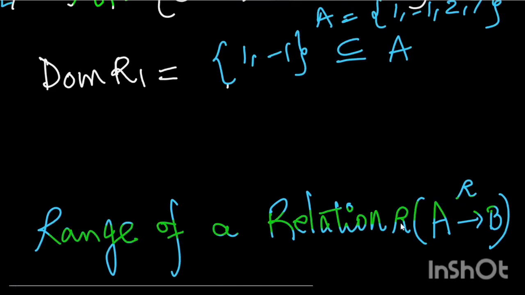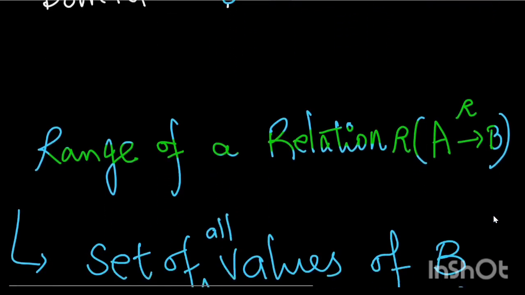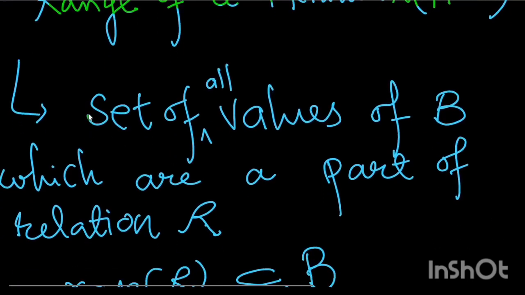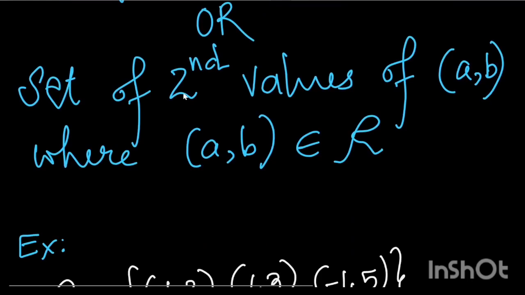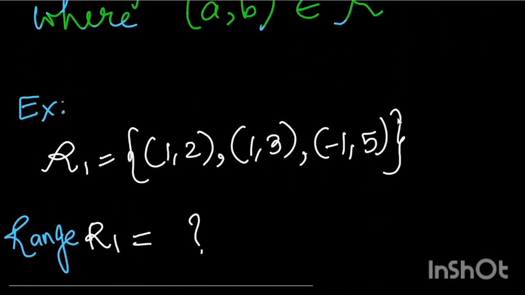The range of a relation R defined from A to B is the set of all values of B which are a part of the relation R. Obviously the range of R would be a subset of B, because in most cases it would be smaller than B. It is the set of second values, where B is an element of set B. For example, if we take R1 as (1, 2), (1, 3), (minus 1, 5), what is the range of R?